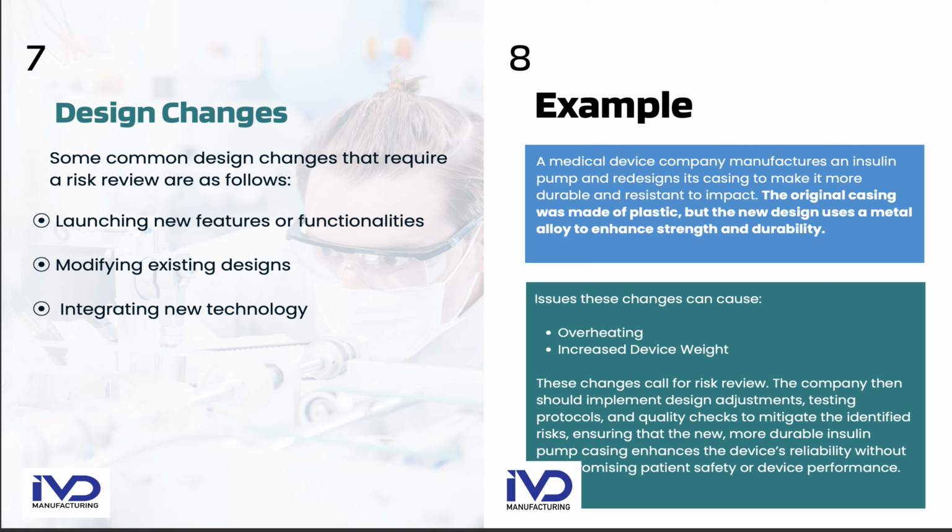A company should implement a design adjustment, a testing protocol, and a quality check to mitigate the identified risk, resulting in a more durable insulin pump casing that enhances device reliability without compromising patient safety or device performance. I hope this was a simple example to help you understand the design changes which trigger the requirement of risk analysis.